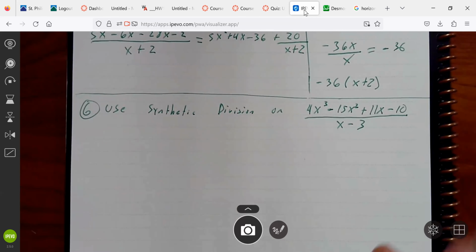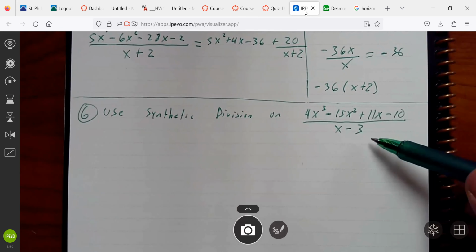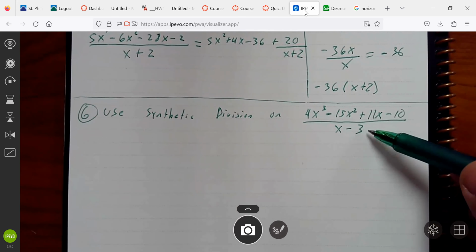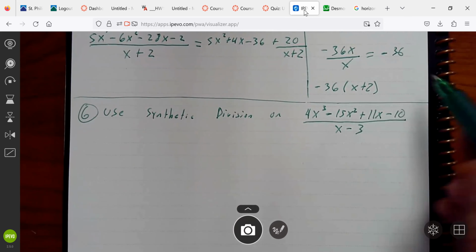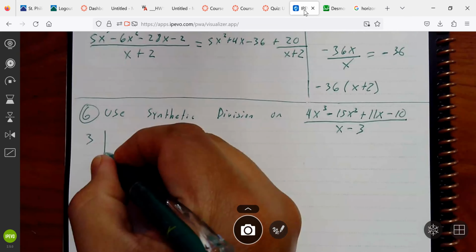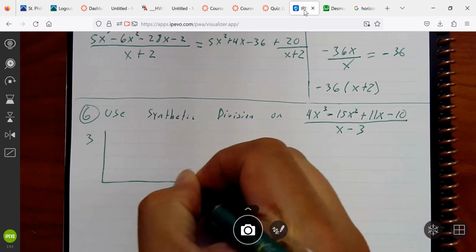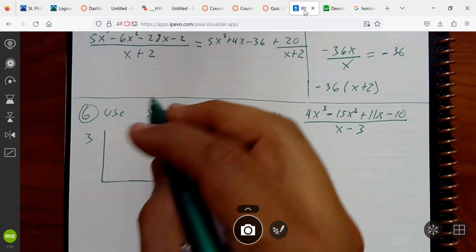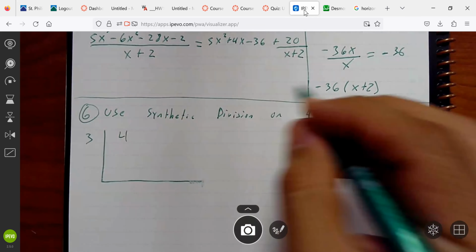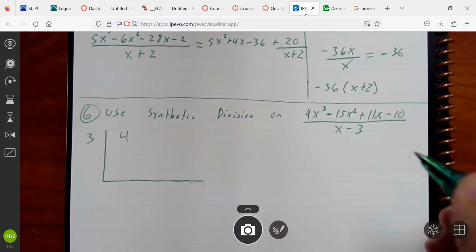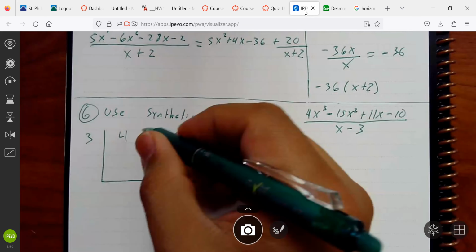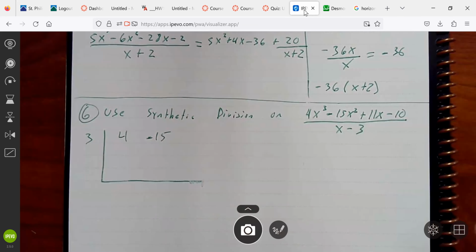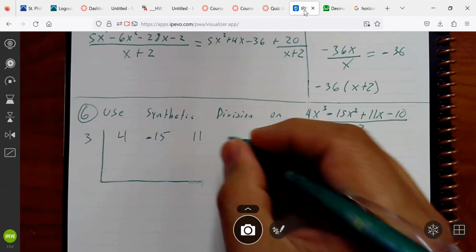So essentially what we're doing is checking if this is a factor, or think of this as your divisor, right? Because if this is a factor, then 3 is a 0. So check. And even if it's not, we're just trying to do division, it doesn't matter. Just do it like you've always done it.